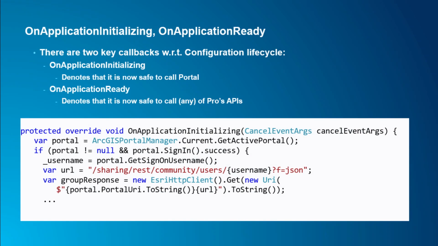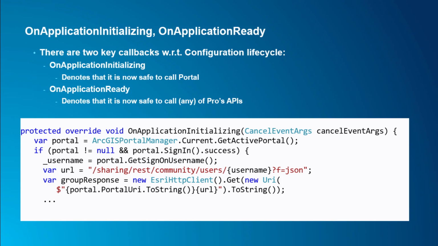All right. First, let's take a step back and talk about the startup sequence of Pro. As a configuration, you are invoked super early on in the life cycle of Pro. And because of that, depending on a particular callback, it may or may not be safe to do particular things.